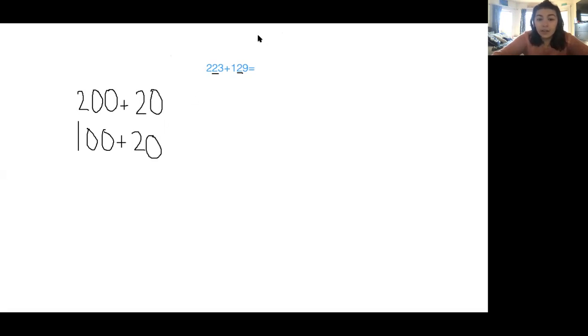And then finally, let's see if I can erase. Nice job. Okay. The value of these digits in my ones. So let's think about, what is the value of those digits in the ones place? Yeah, they mean exactly what they are. So this is 3. Oopsies, that's a very funky looking 3. And this is 9. So now I'm going to add together each set of digits.